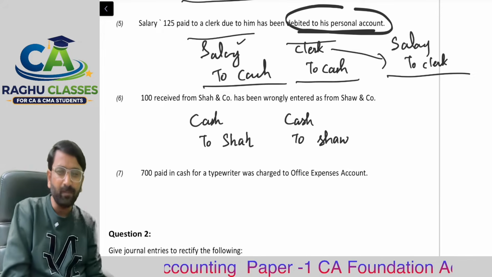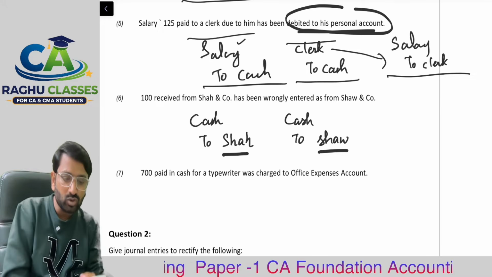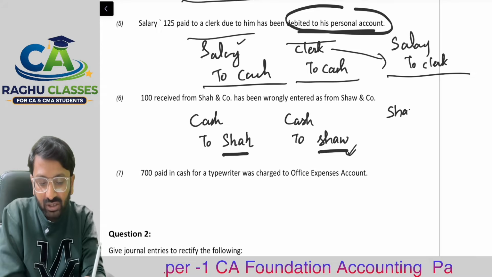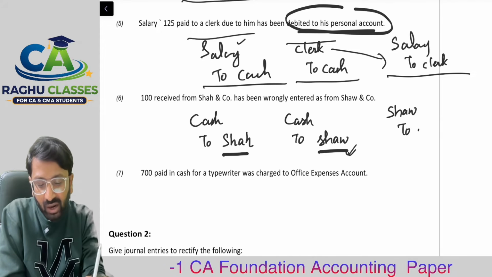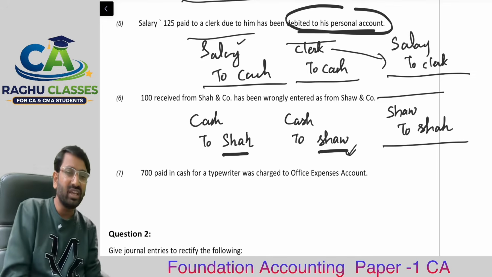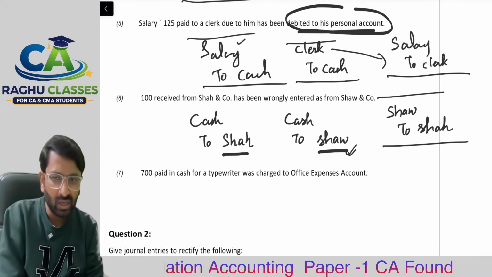So can we say instead of crediting Shah, they have credited Shaw. So this needs to be cancelled now first. How do you cancel that? Debit Shaw account and credit Shah account. Can I say Shaw debit, Shah credit, 100 rupees, 100 rupees. Next one.